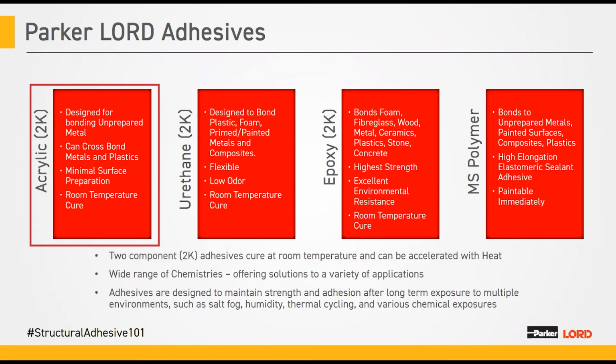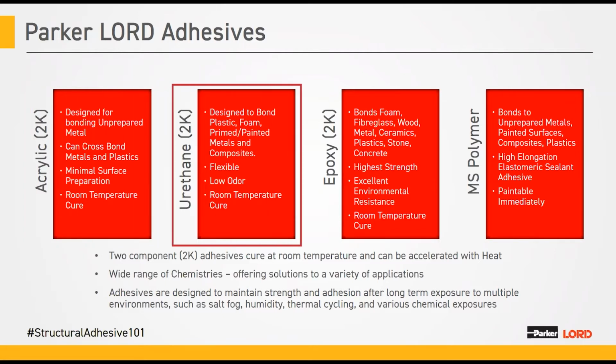And then it's a room temperature curing product. So when the two components are mixed, it'll cure at room temperature at a set speed. Urethanes, again, two components quite often, designed to bond plastics, foams, primed or painted metals, composites, etc. They tend to be quite flexible, have a lower odor than the acrylic products, and again, a room temperature cure.